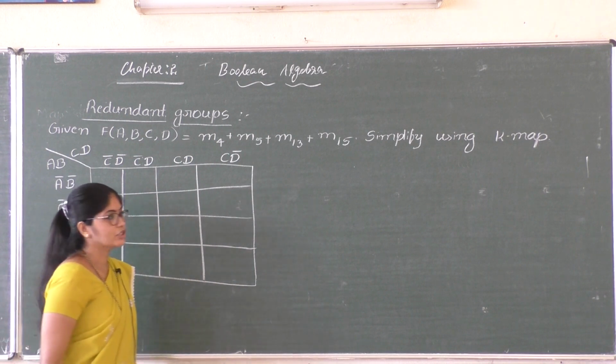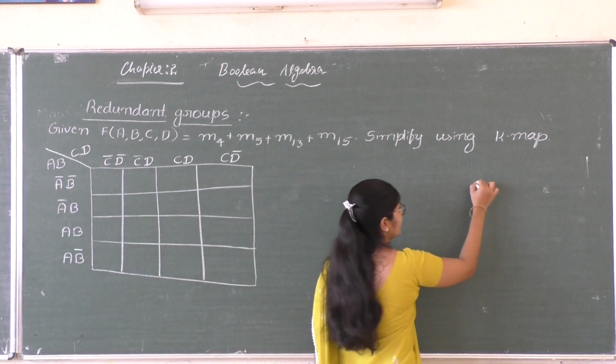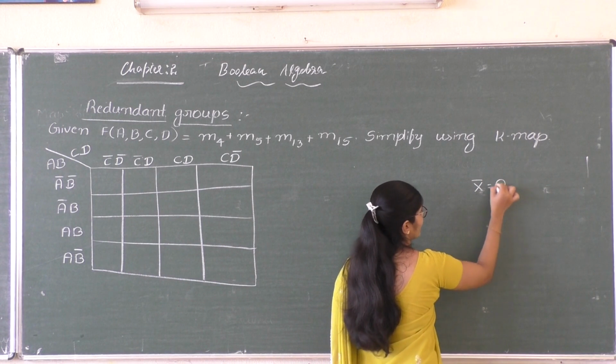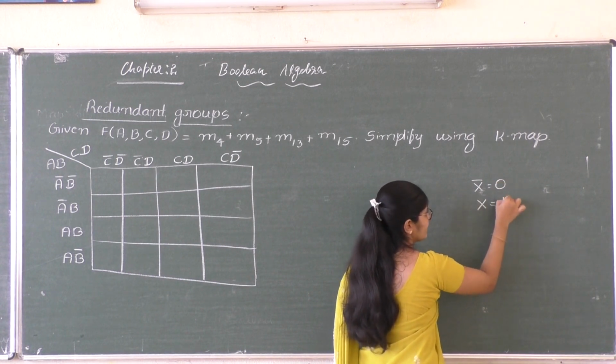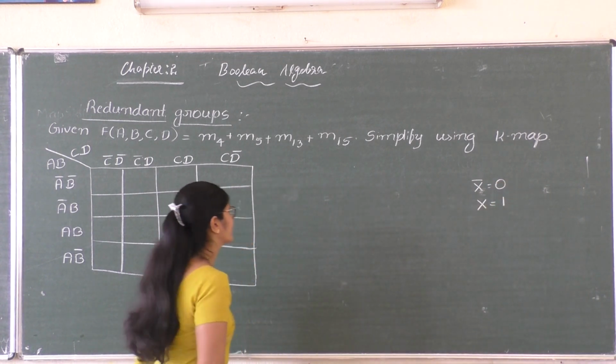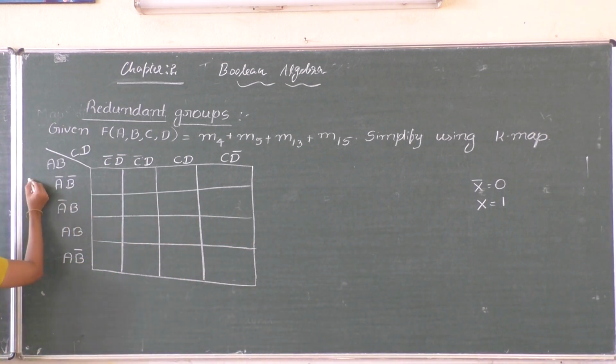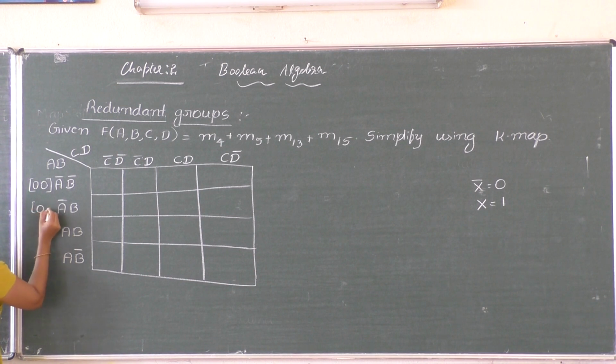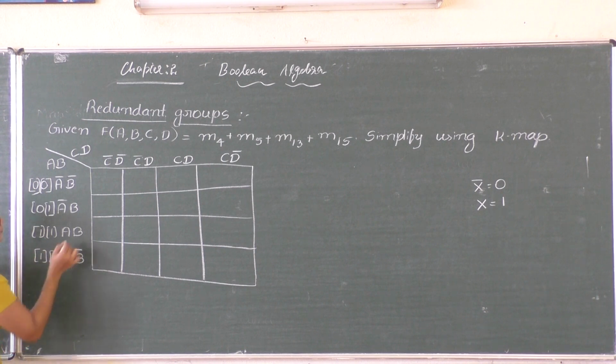And in SOP reduction, complemented variable represents 0 and uncomplemented variable represents 1. So here A bar is a complemented variable, so it denotes 0. B bar denotes 0. Next 0, 1, 1, 1, 1, 0.